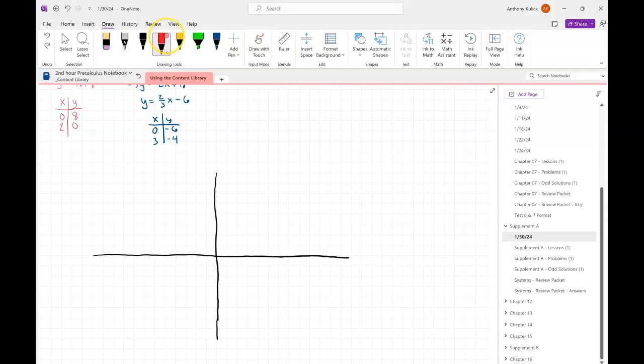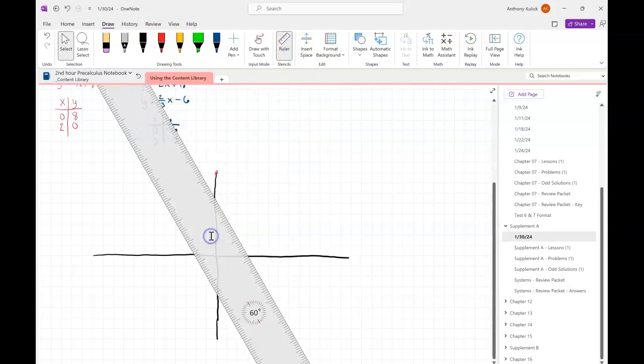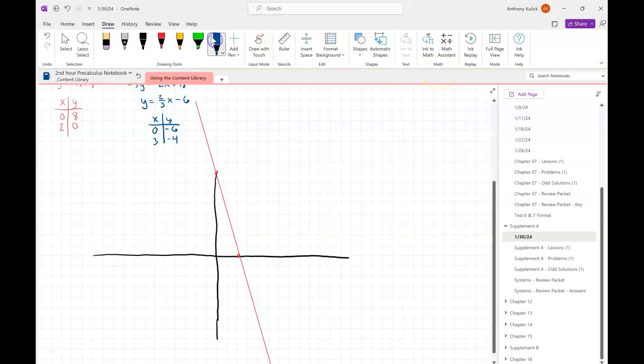Ugh. 1, 2, 3, 4, 5, 6, 7, 8. There we go. Try that again, you bonehead. Look, guys, look at how easy it is to make a mistake there.